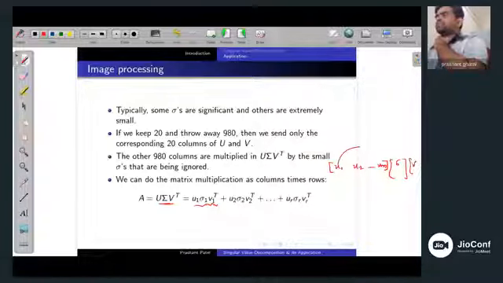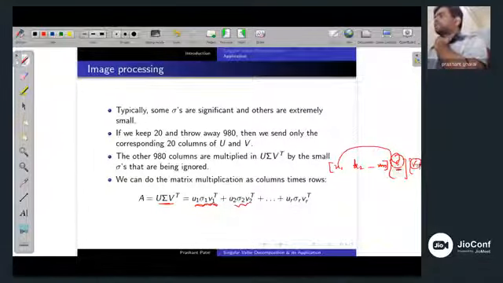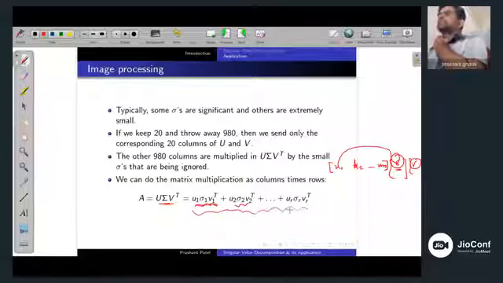The first column of U is multiplied with the first singular value, and that with the first column of V, so that gives me the first term. The second column of U multiplies the second singular value and the second column of V, and so on. So only this many items we need to send, not the entire matrix A.